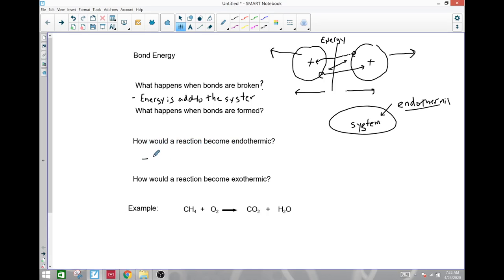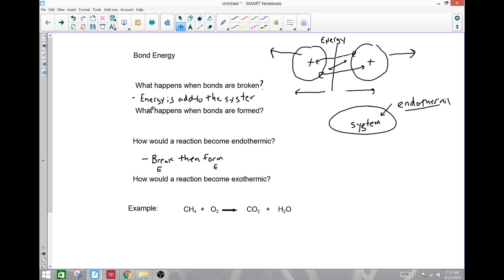When you have to break more bonds than you form. Now, not every bond is equal. Some bonds are really energy intensive and some not so much. So you can't just go off quantity, but in general, you're using more energy to break bonds than you are getting energy back when you form bonds.